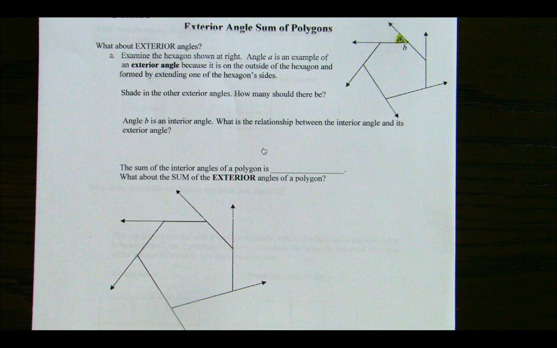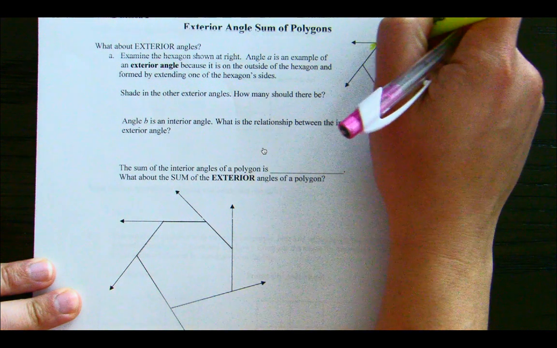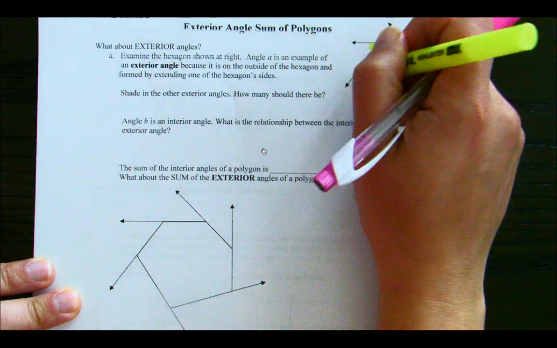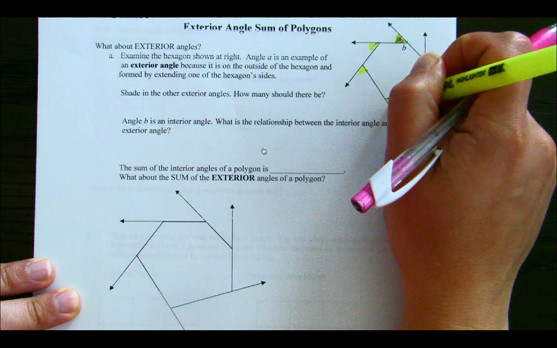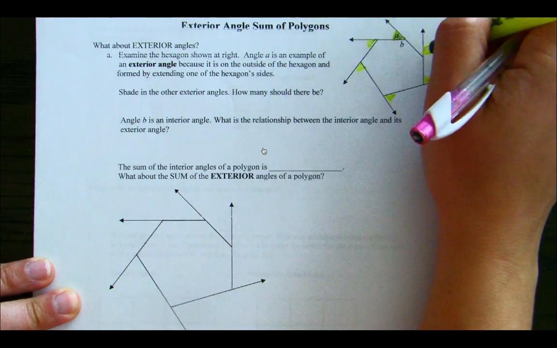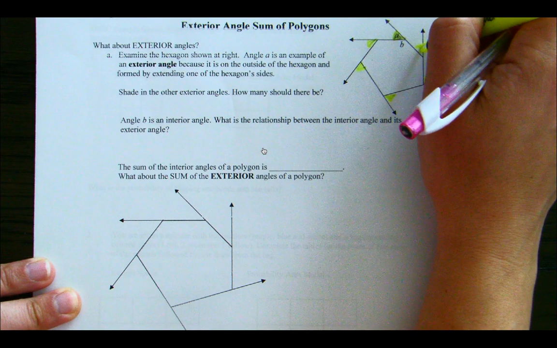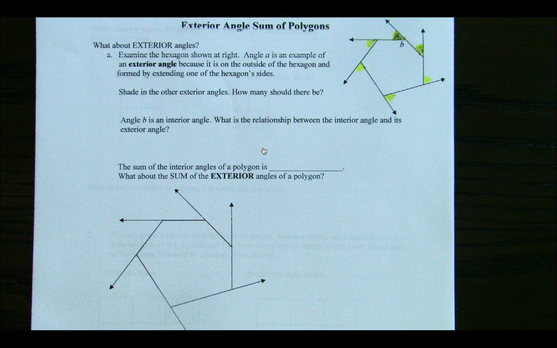When we're looking at this, it says shade the other exterior angles. So I'm just going to highlight these areas right here that we are looking at. I want to know what the sum of these angles is. Right now, I don't really know, but I do know how to figure out what the interior angles are.